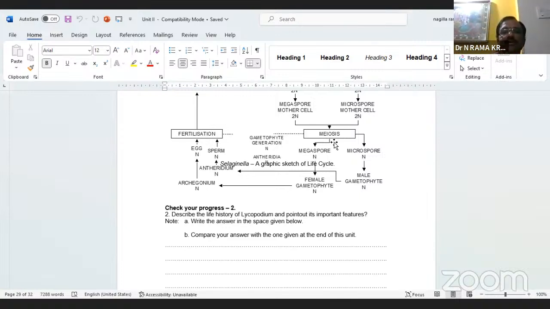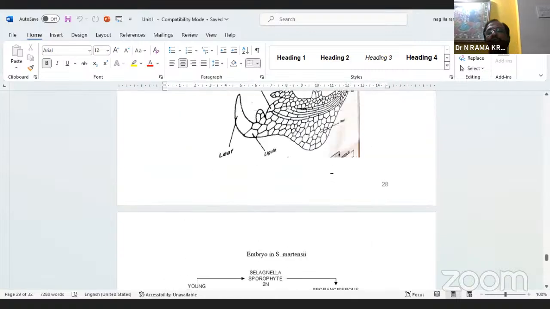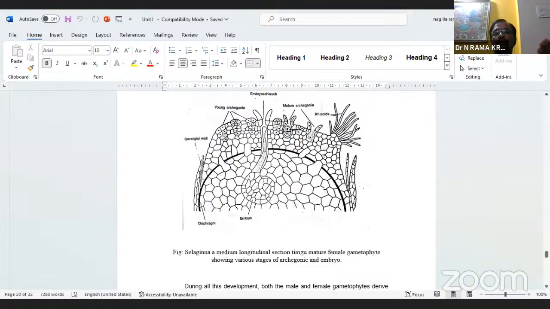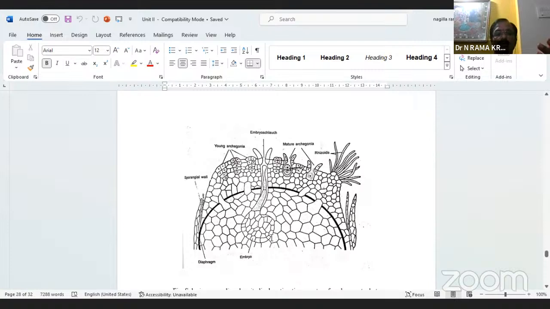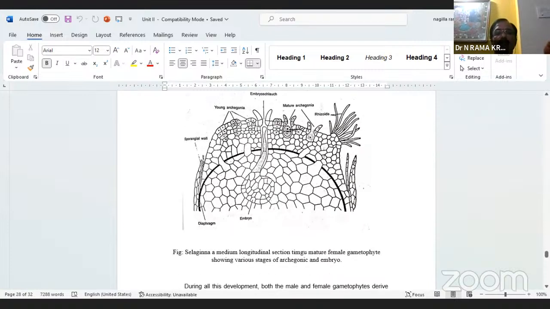The male reproductive organ we call the antheridia, and the female reproductive organ we call the archegonia. How the antheridia and archegonia develop, you already know very well. Now you see here, this is the archegonia. This one is the young archegonia, and here it is the mature archegonia.